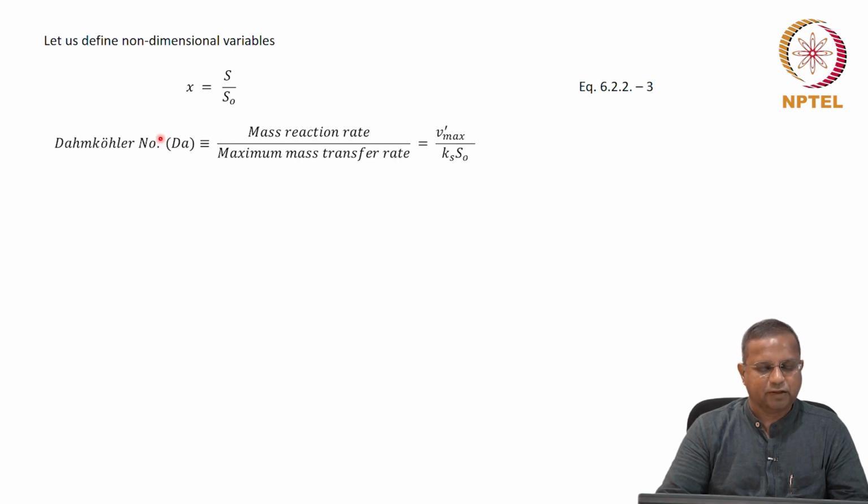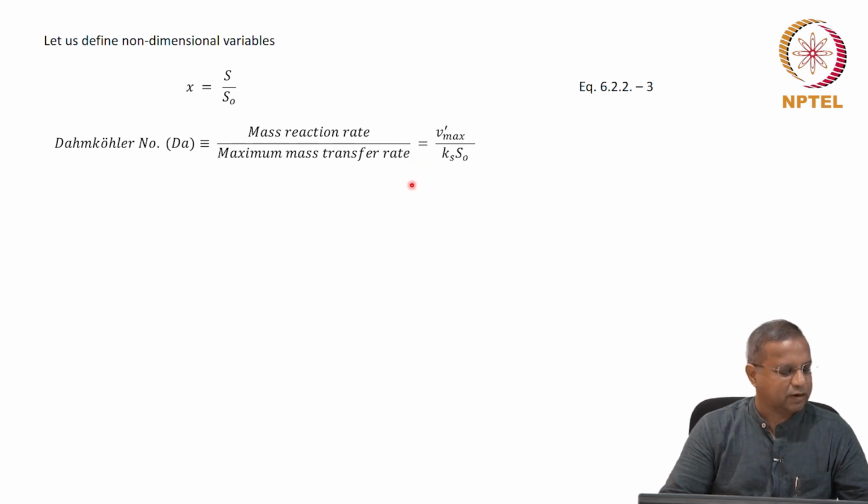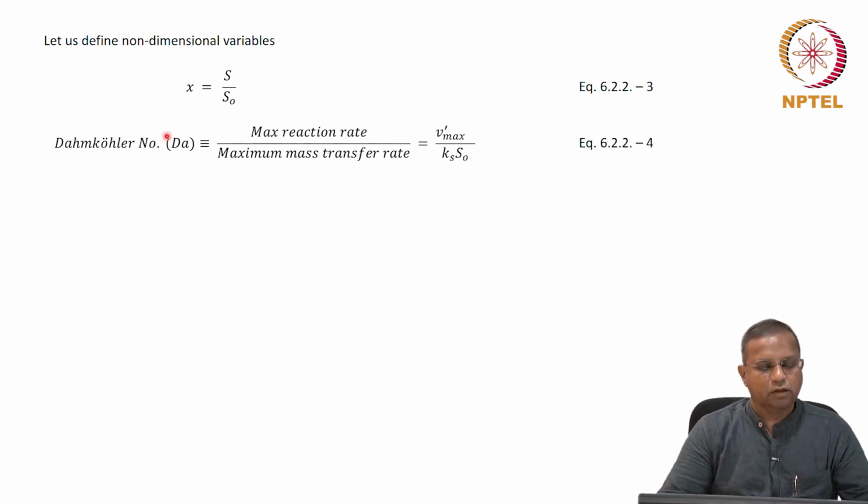And let us bring in a Damkohler number, Da, which is the maximum reaction rate divided by the maximum mass transfer rate. It is not mass, let me correct it right away.